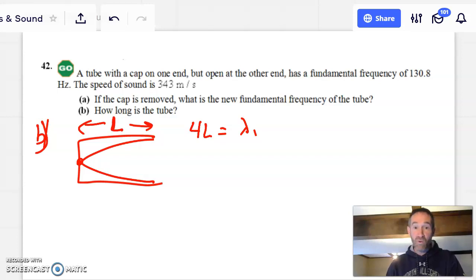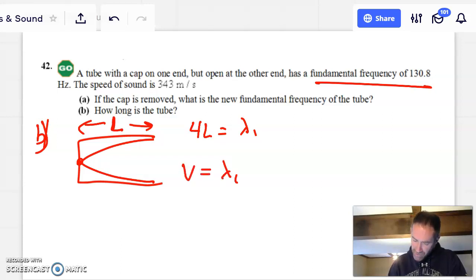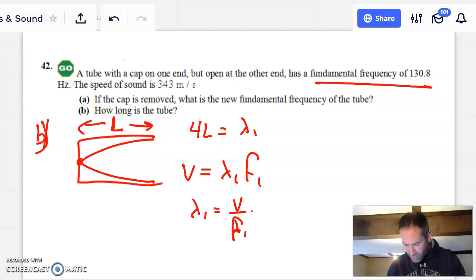And you know what? I can calculate that fundamental wavelength pretty easily because they told me the fundamental frequency and they told me the speed of sound. Remember that the speed of sound is the fundamental wavelength times the fundamental frequency, or lambda 1 times f 1, whatever you like. And you'll see that on the next example. So the fundamental wavelength is the wave speed divided by the fundamental frequency.